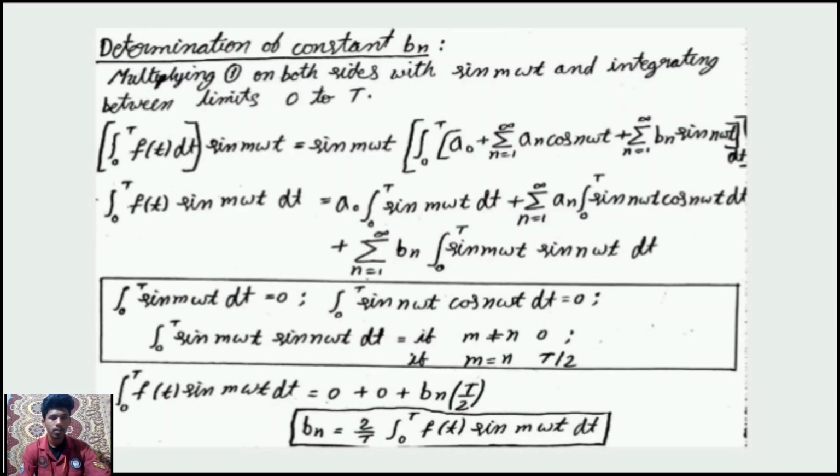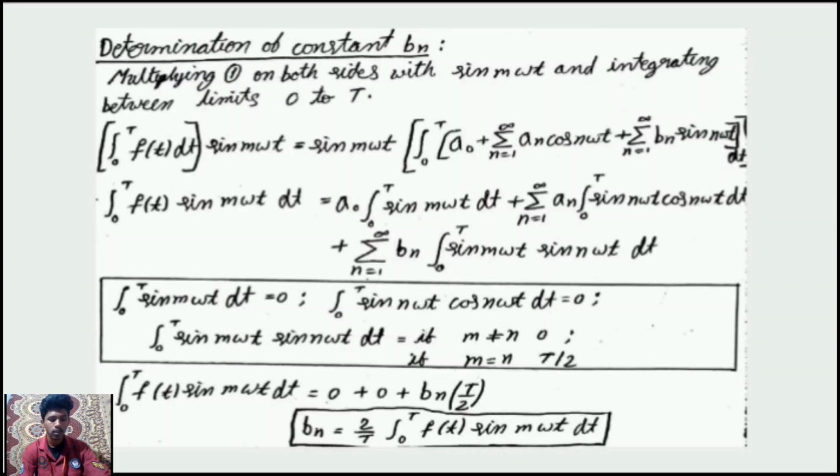Multiplying equation 1 on both sides with sin m omega t and integrating between the limits 0 to T, the equation becomes integral of 0 to T f of t sin m omega t dt equals a naught integral of 0 to T sin m omega t dt plus summation n equals 1 to infinity an integral of 0 to T sin n omega t cos m omega t dt plus summation n equals 1 to infinity bn integral of 0 to T sin m omega t sin n omega t dt.